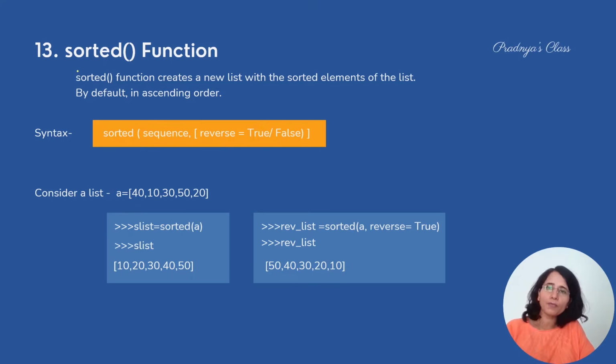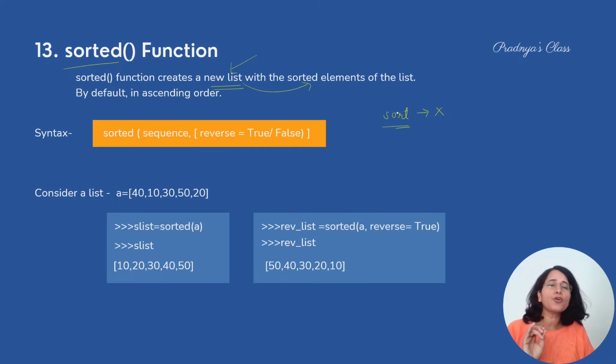There is one more way to sort the elements of the list, by using the sorted function. Sorted function creates a new list with the sorted items. Just now we studied one method, sort, to sort the elements, but what's the difference between sort and sorted? Sorted creates a new list, but the sort method doesn't create a new list with the sorted elements.